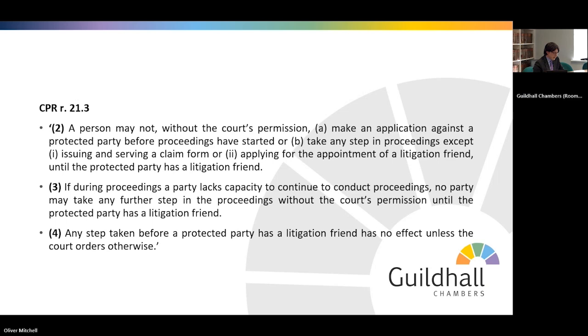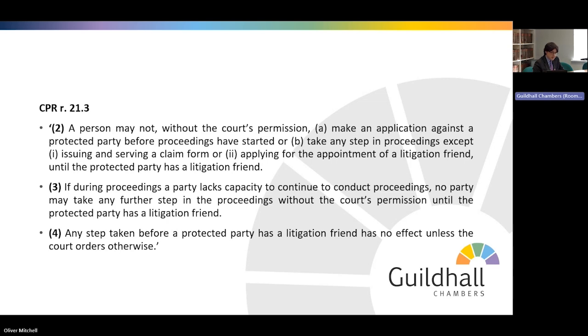The court does have, as set out in the slide, power to give prospective permission to a party to take a step without a protected party having a litigation friend, or to grant retrospective validation where a step has been taken, where a protected party is involved before they have a litigation friend.